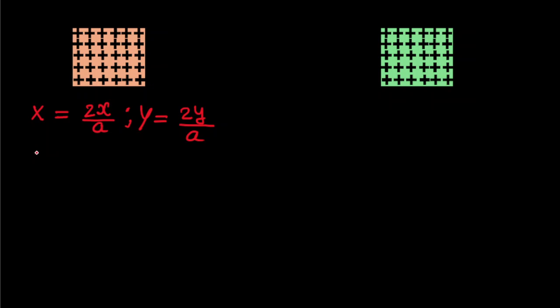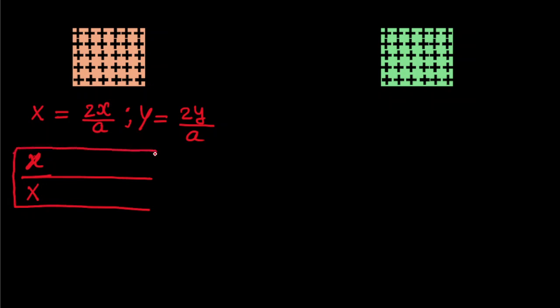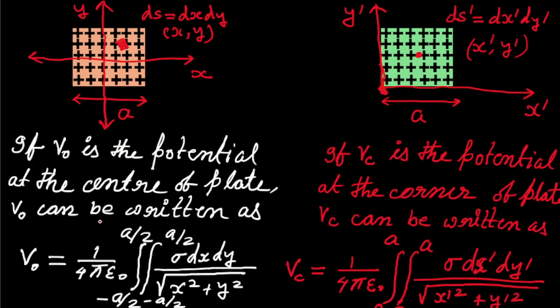Let's make a table for x and y. So this is for x. First write small x and then write capital X. When you put the lower limit in this integration, the lower limit is minus a by 2.